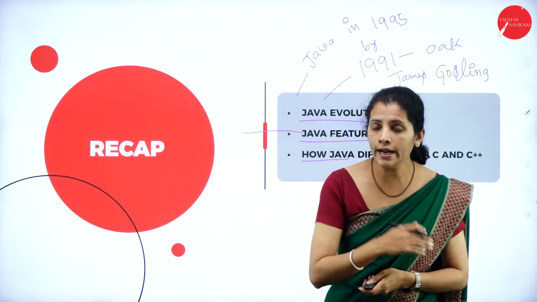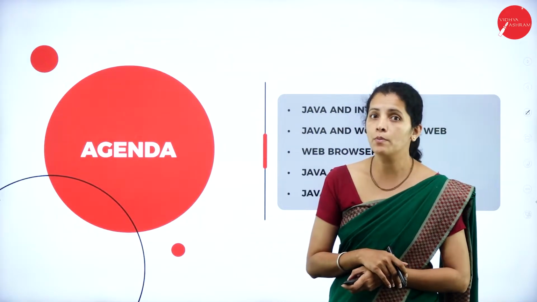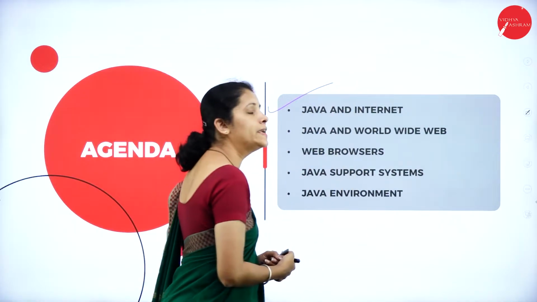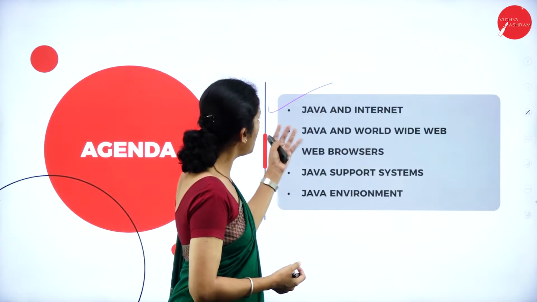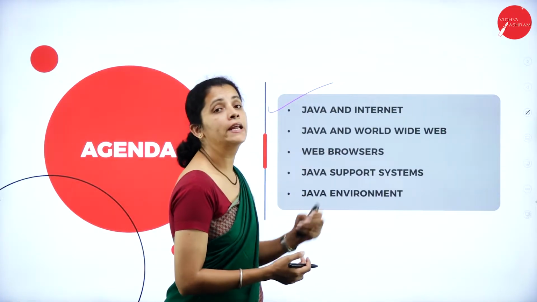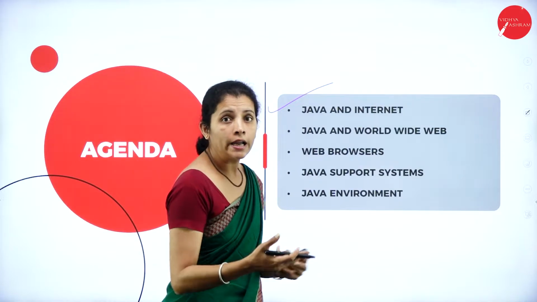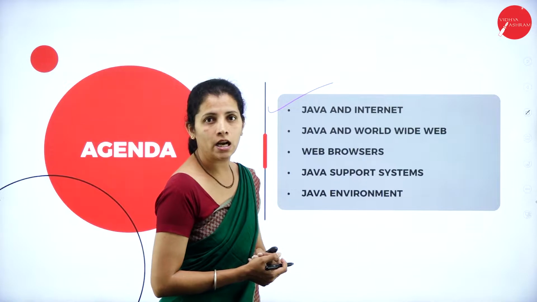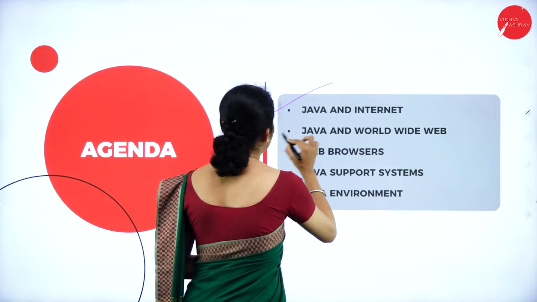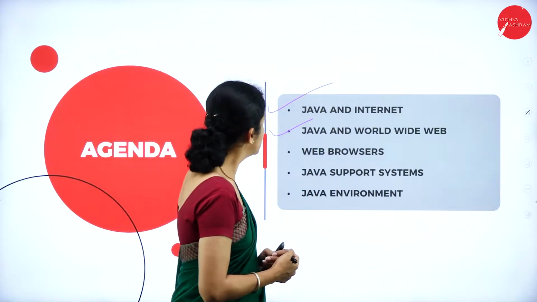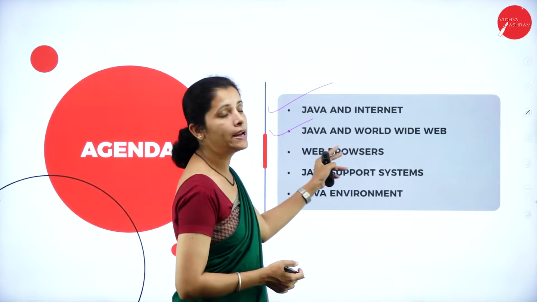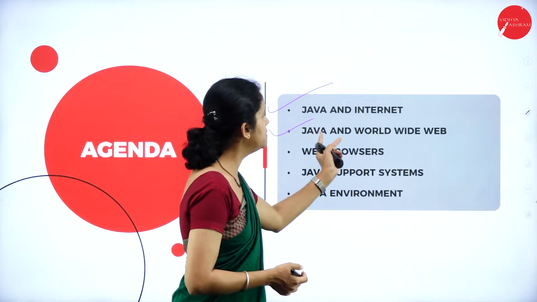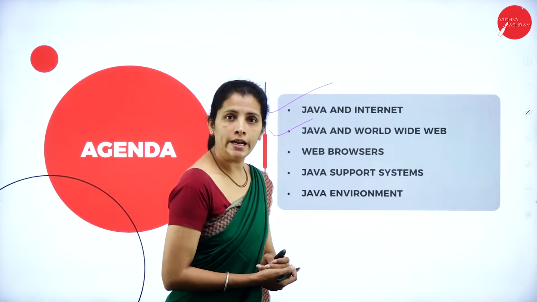Now, dear student, in my today's session, I am going to deal with topics like Java and internet. That means how Java program and internet are interlinked or interconnected with each other. Along with that, we are going to study Java and World Wide Web, that means how these two things are interconnected.